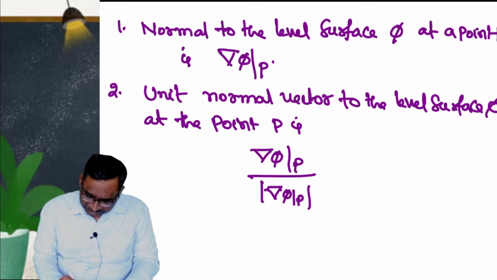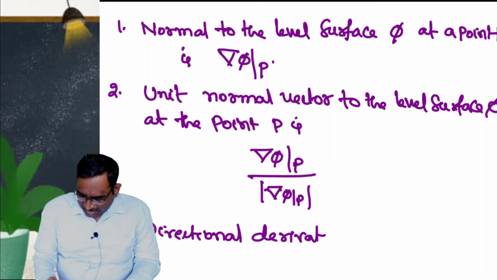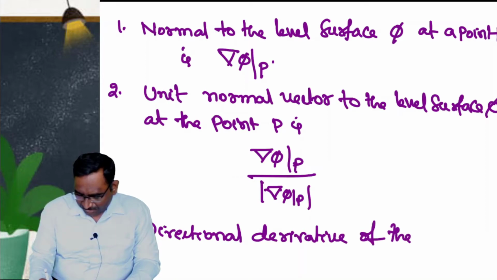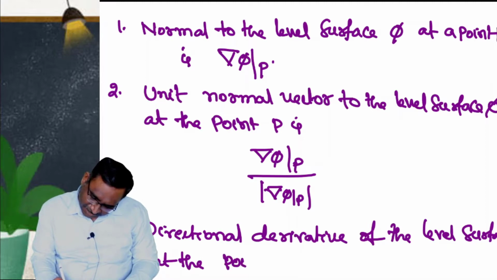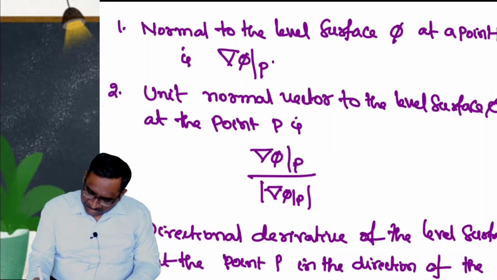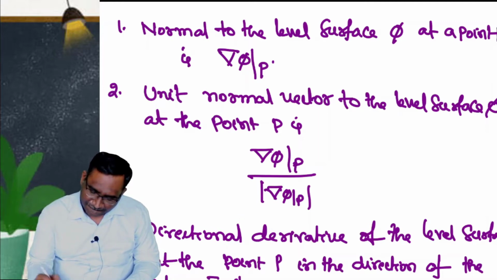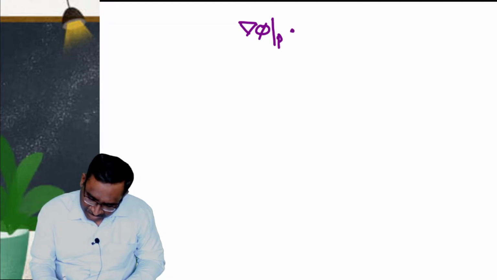The third definition. Directional derivative of the level surface phi at the point P in the direction of the vector a bar is del phi at that point dot a bar by modulus of a bar.